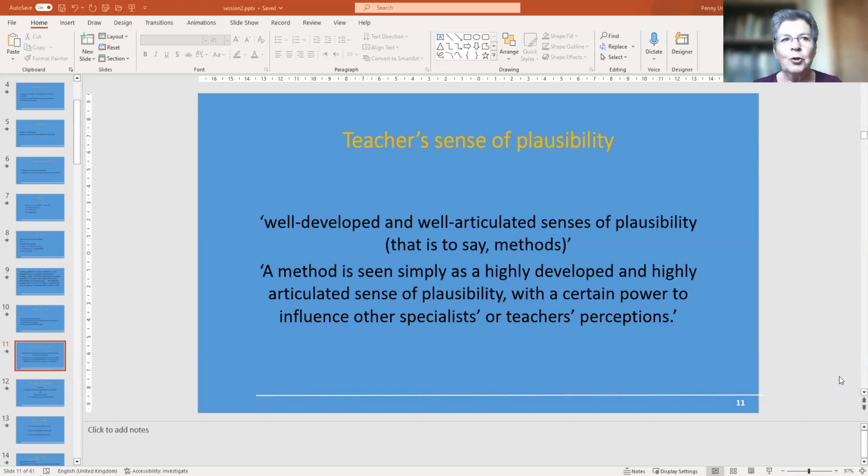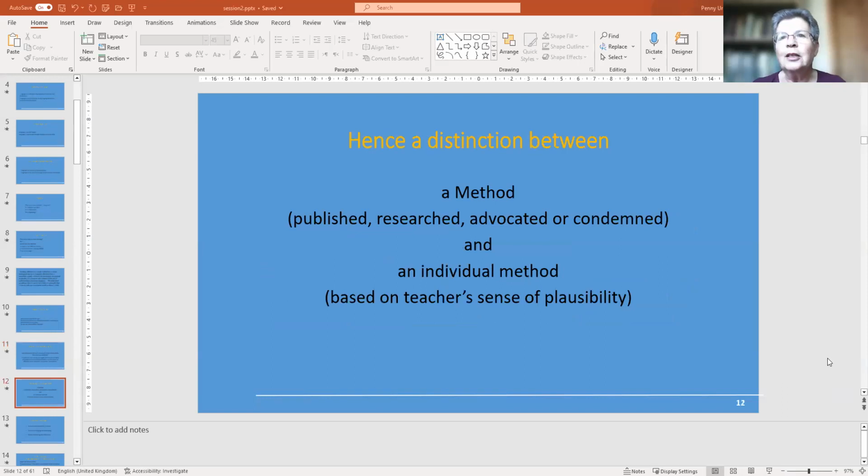If you dig down, he doesn't say there's no such thing as method. He's perhaps making a distinction, this is my distinction, I'll ask for your comments in a moment, between a method with a capital M, published research, advocated or condemned, versus an individual method based on a teacher's sense of plausibility.